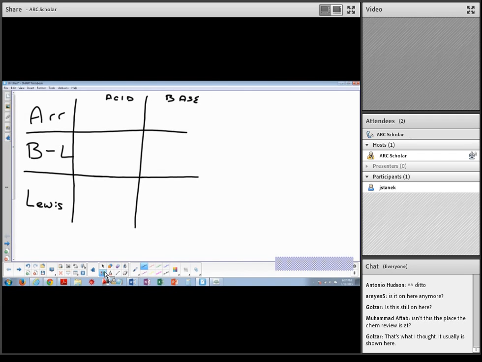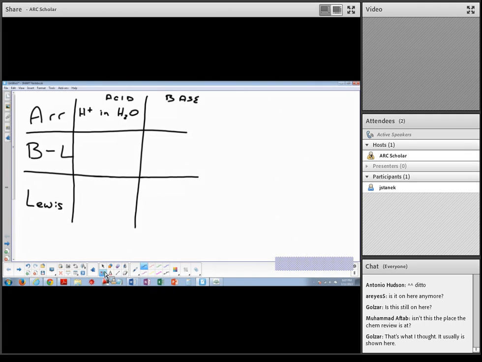Can anyone tell me what an Arrhenius acid is? Acids have hydrogen attached to them, H+. You're on the right track. So we're going to have H+, and that's one half of the definition. The other half is really important: it forms H+ in water.